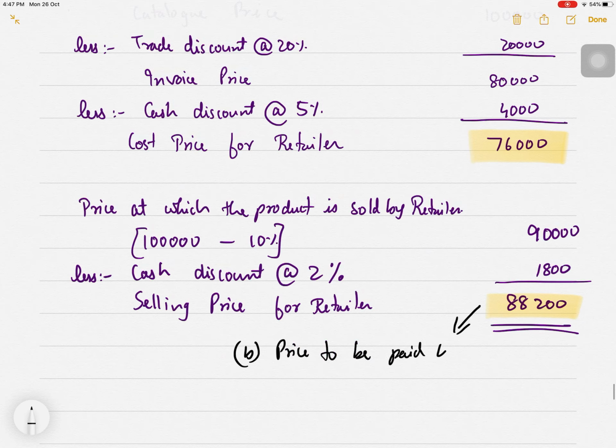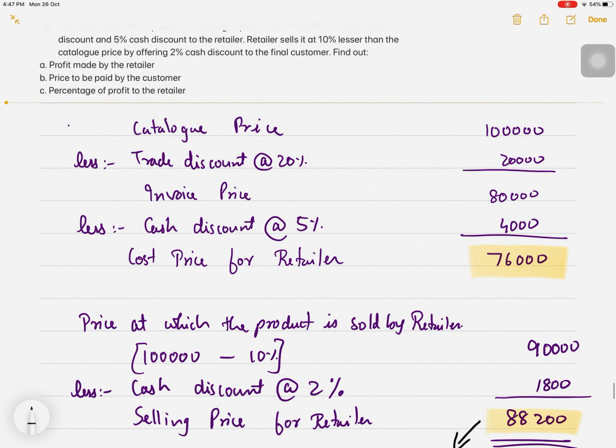Retailer is selling for 88,200, so price to be paid by the customer is 88,200, right?